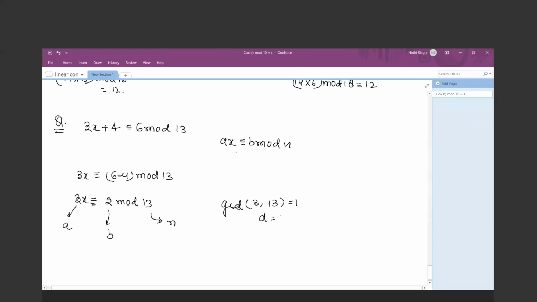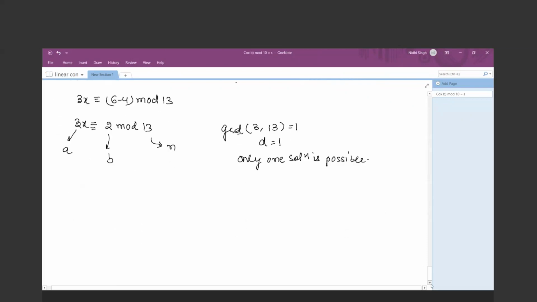So the value of d is 1. So only one solution is possible. And what will be the value of that solution? So first you have to check whether a reduction is possible or not. So there is no need of reduction. The equation is already reduced. So go to step 2.